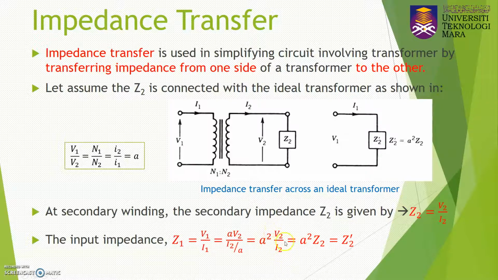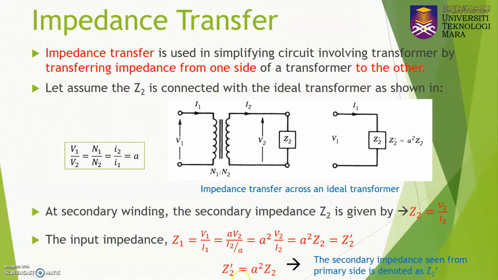So V2 divided by I2 is actually represented by Z2, right? So here you have A squared multiplied with Z2. Here A squared multiplied with Z2 will be equal to Z2 prime. So Z2 prime equal to A squared Z2 is actually the secondary impedance seen from the primary side, denoted as Z2 prime.